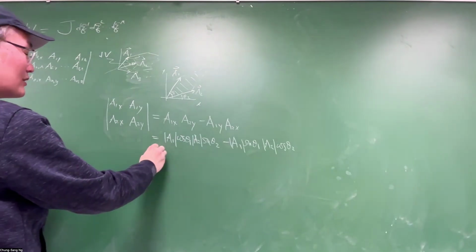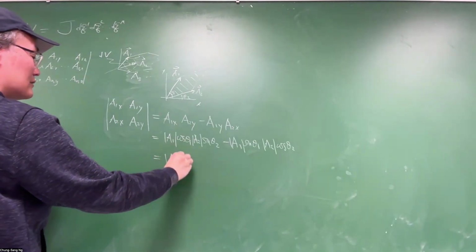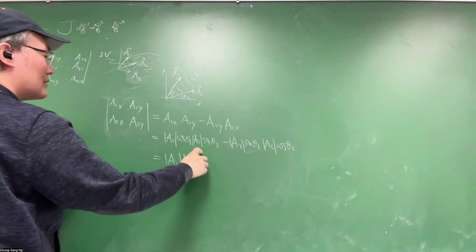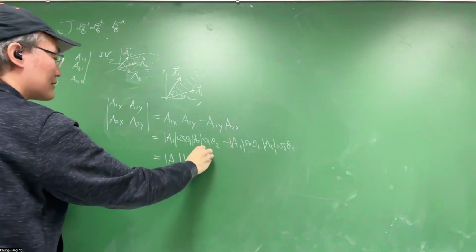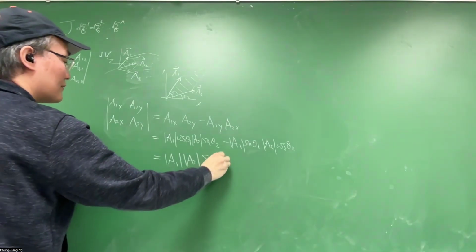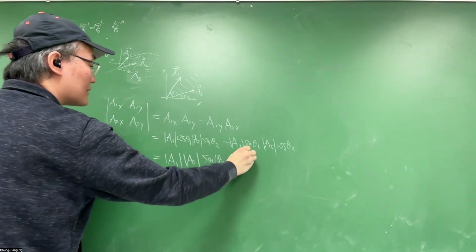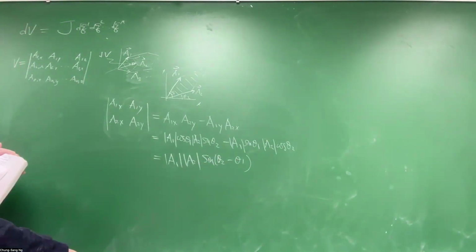And then you group the terms A1, A2, and cosine sine, and sine cosine, that is sine of theta 2 minus theta 1, right?